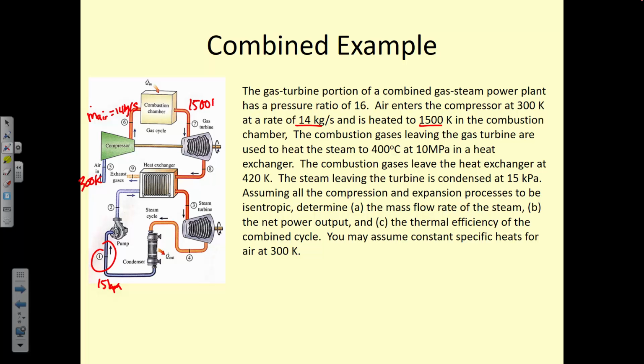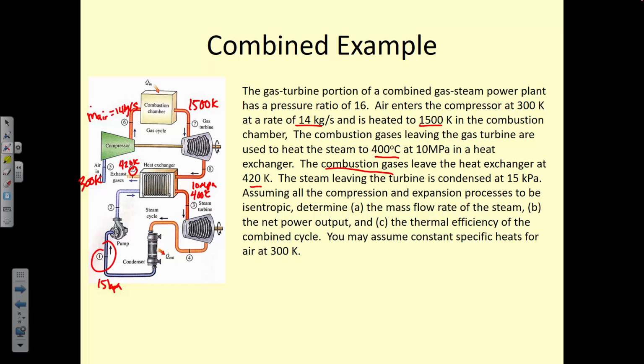The combustion gases leaving the gas turbine are used to heat the steam to 400 Celsius and 10 megapascals in a heat exchanger. The combustion gases then leave the heat exchanger at 420 Kelvin. So this temperature here is 420 Kelvin at state 9. Just be careful as you read the problem that you get the right temperatures.